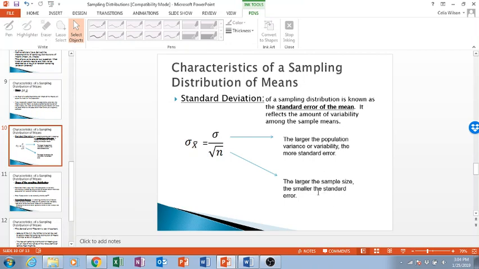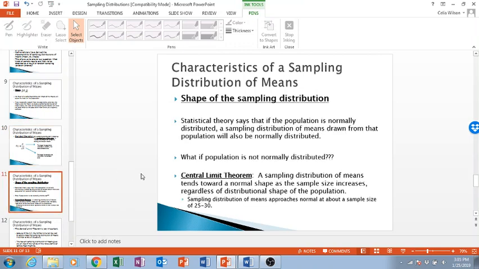As you pull a larger sample size, the standard error will become smaller. So the standard deviation of your means, or the standard error, will become smaller the larger and larger the sample size you pull.